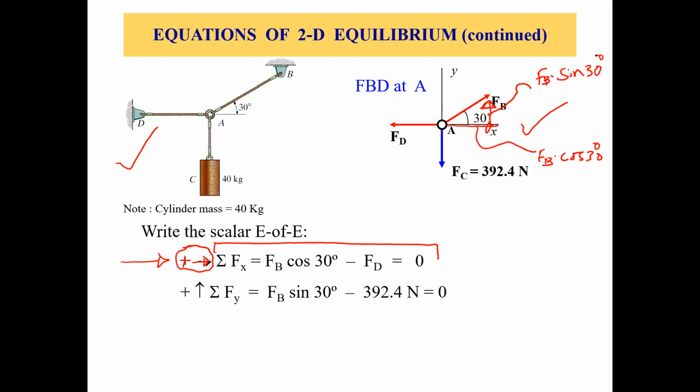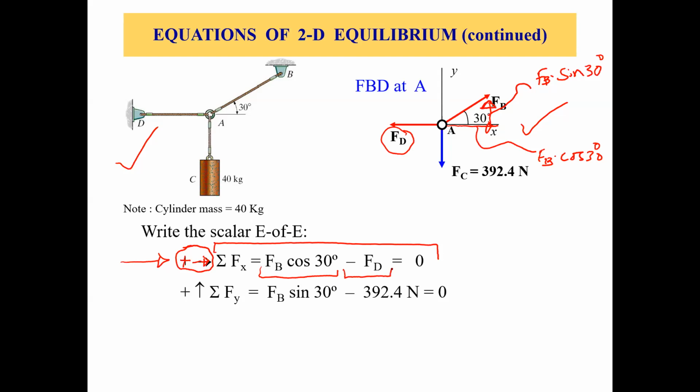So now we can say that this FB times cosine 30 is in the x direction, and it's acting rightward, so it's positive. That's why we write FB times cosine of 30 degrees. Then the other force acting in the x direction is FD, and it's acting towards the left, the negative x direction, so that's negative. So we'll say negative FD equals 0.